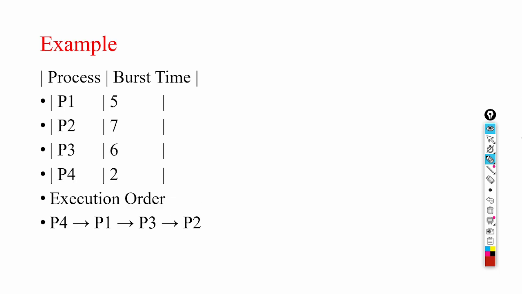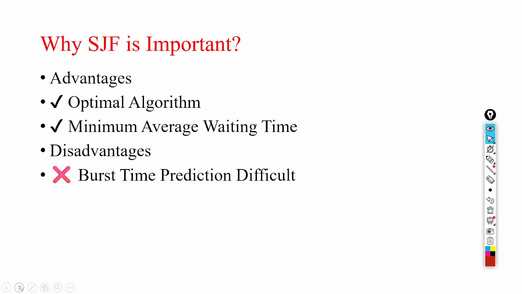Now we'll discuss advantages and disadvantages of SJF. Why is SJF important? Advantage: it is an optimal algorithm. SJF is considered an optimal scheduling algorithm. Why? Because it produces the minimum average waiting time for a given set of processes.